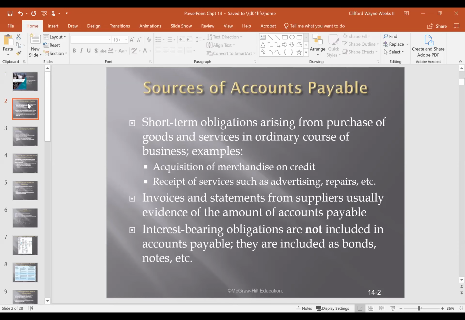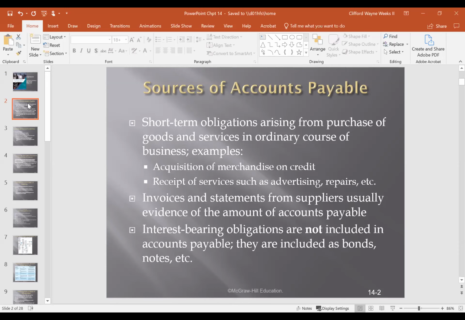And so, when we have those notes payable, this is the big difference, because when I was a student, I was under the impression that accounts payable were short-term liabilities and notes payable were long-term liabilities. That's not true, is it?